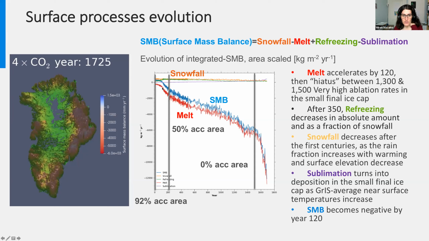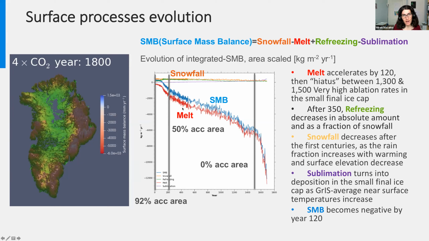So this is the evolution of melt, and it is the red line. It is scaled by area, so I don't give you gigatons because it will be misleading.